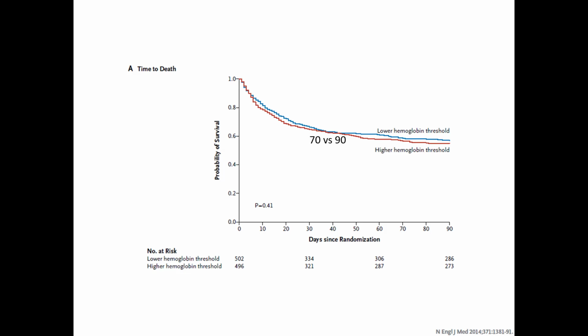So once again, a very common restrictive versus liberal transfusion threshold. And what they showed here was there was essentially no difference in mortality curves over the 90 days of the study period, meaning that it was quite safe to wait till the hemoglobin was less than 70, even in patients admitted who are quite sick to ICU with septic shock.